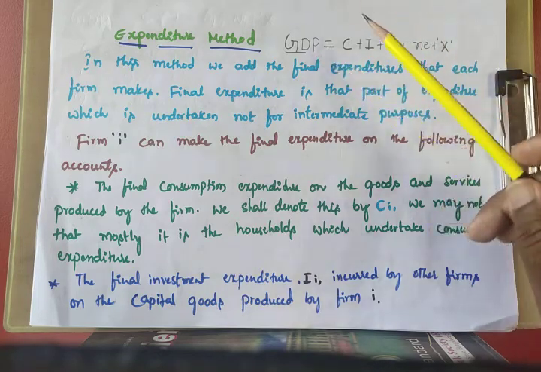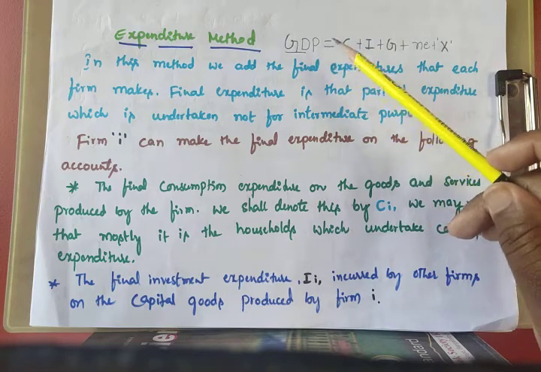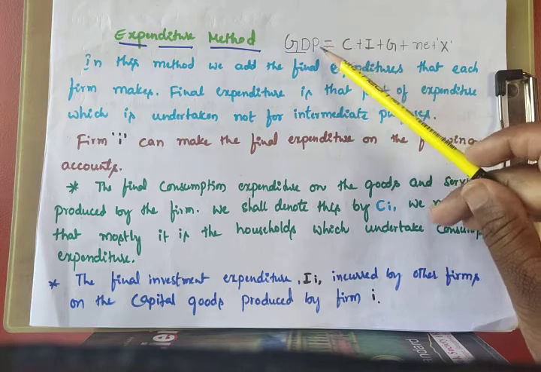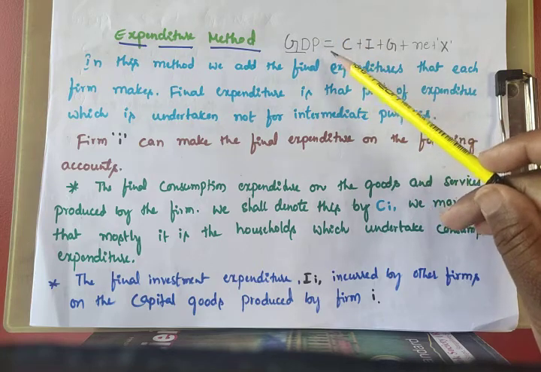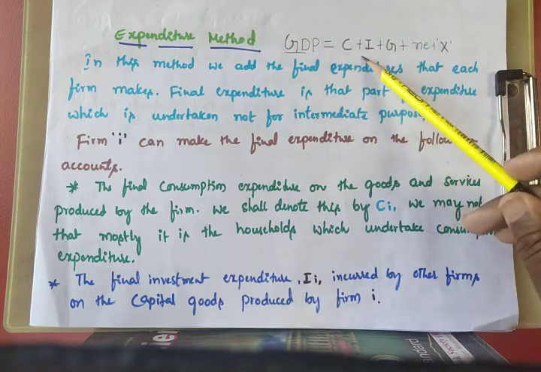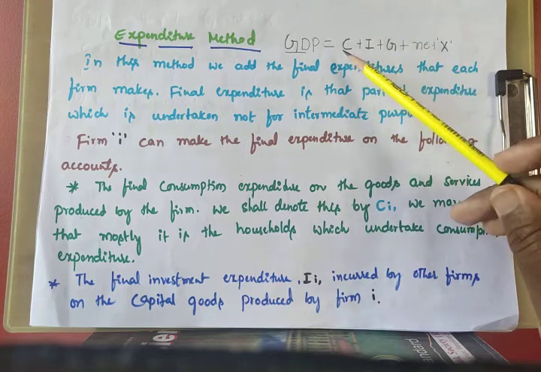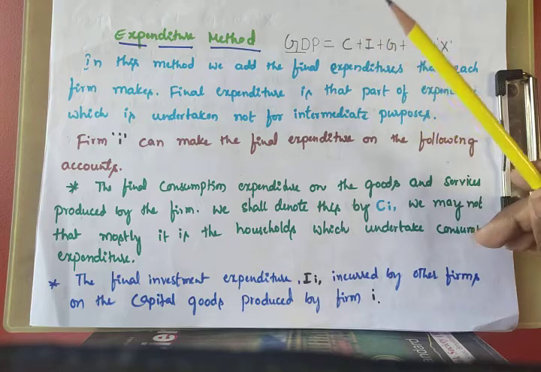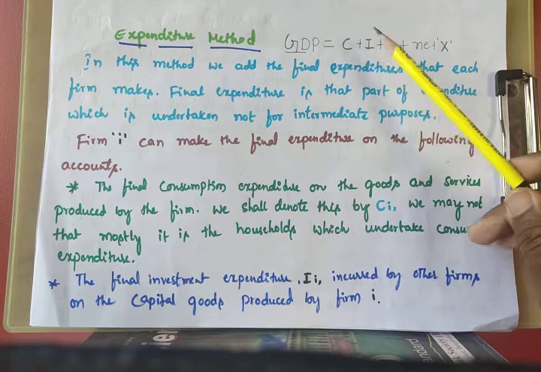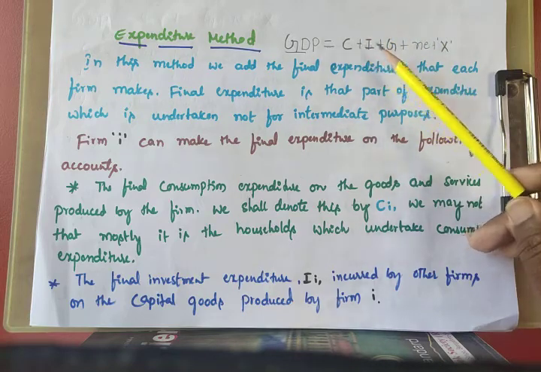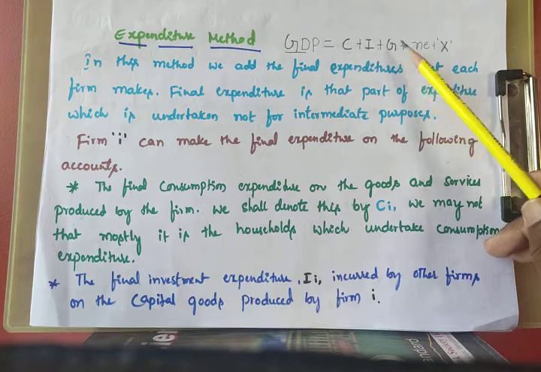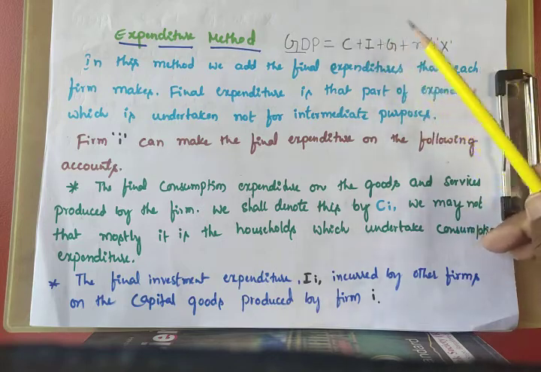Gross domestic product means the value of all final goods and services produced within the country during a year. To calculate national income under the expenditure method, we calculate this. C means consumption expenditure done by the private sector. I, investment done by the private sector. G is the government's expenditure on investment and consumption both.